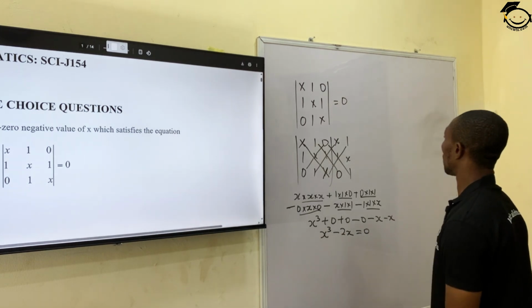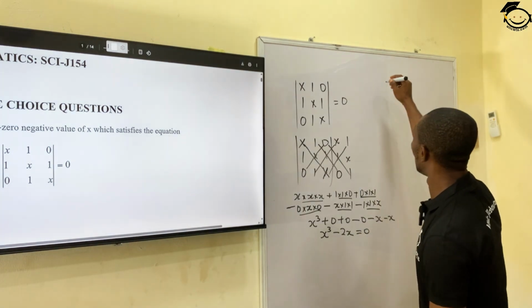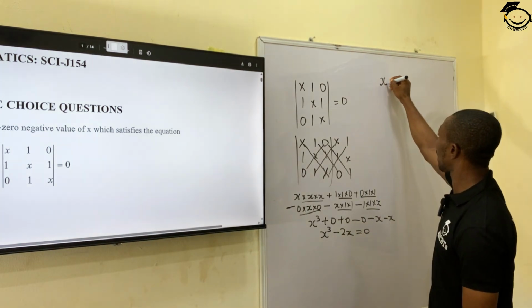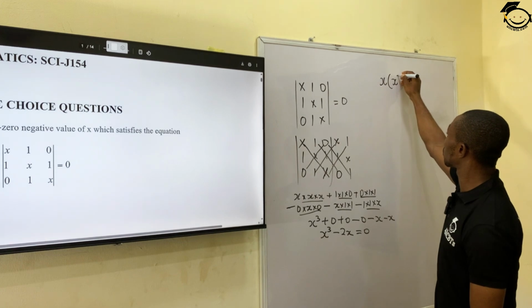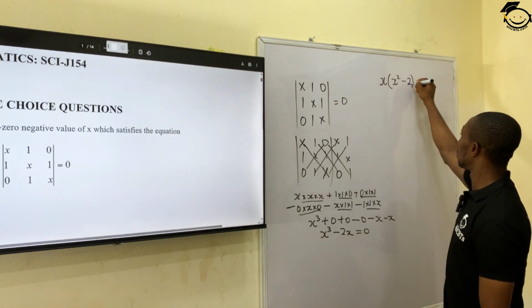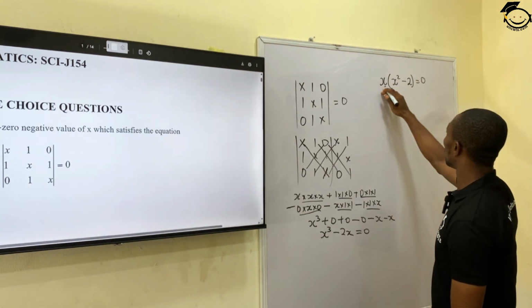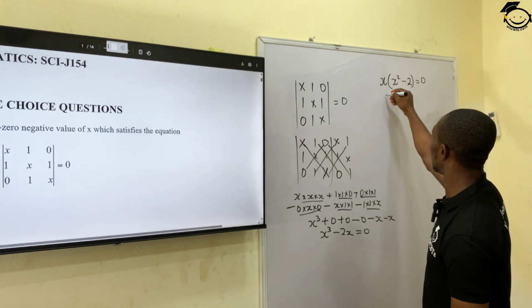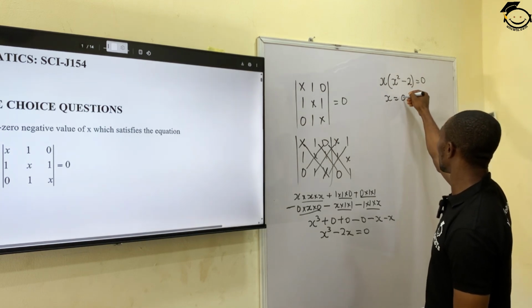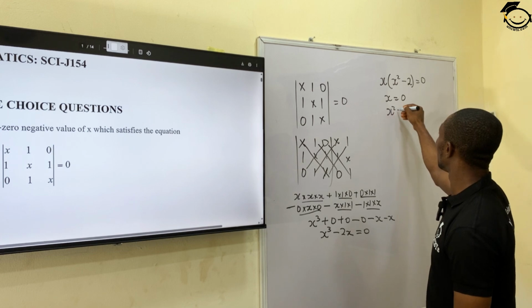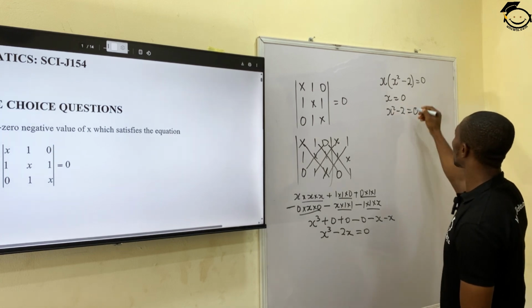Now solving this out, what's common here is our x. We have x, bracket open, x squared minus 2 equals 0. So factorizing this will give us x equals 0 or x squared minus 2 equals 0.